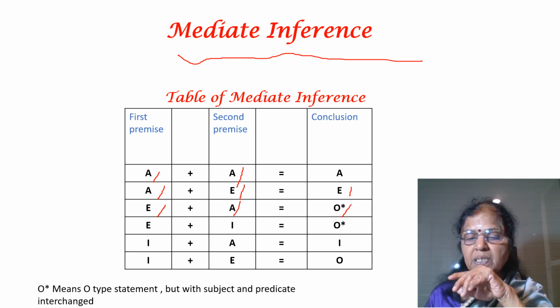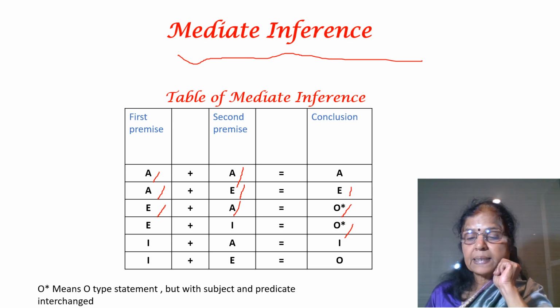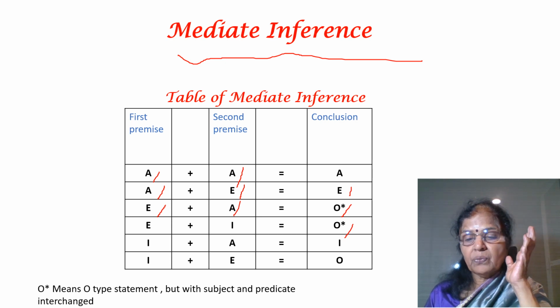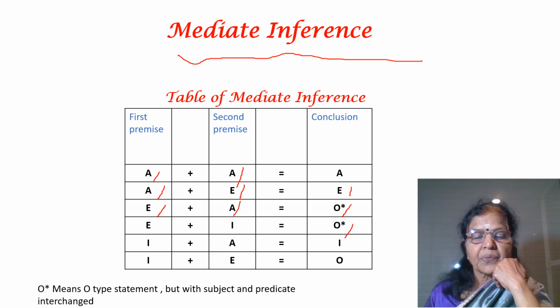O star means the O type but with the interchanged subject and predicate. We know O type is particular negative. O star is particular negative but with the subject and predicate interchanged.